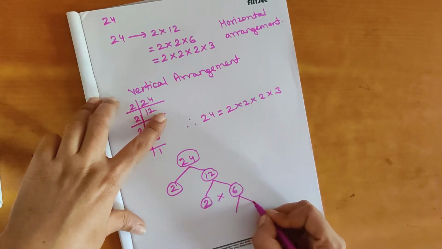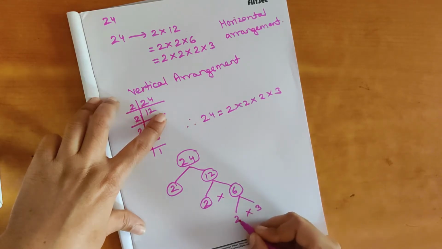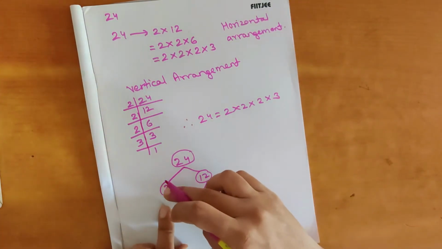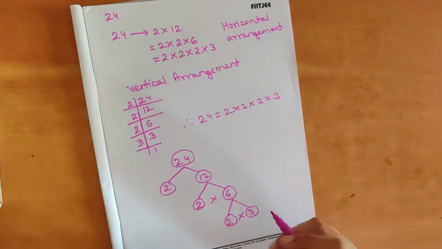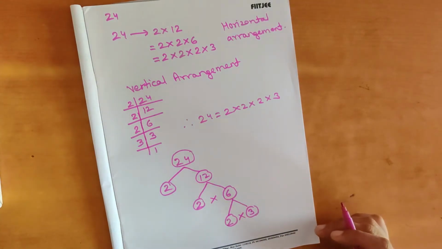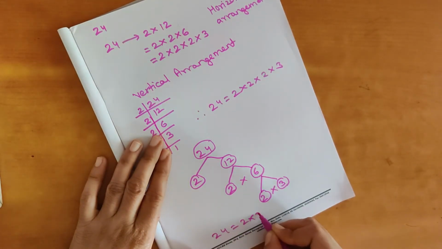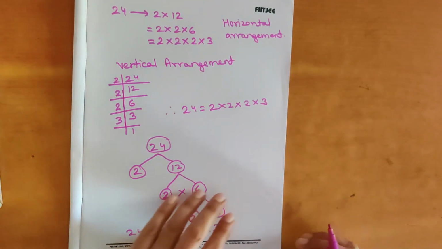Again, what is remaining? 6. So again I can write 2 into 3. See, you got the same 2, 2, 2, 3. So this way also you can do. So 24 can be written as 2 into 2 into 2 into 3.